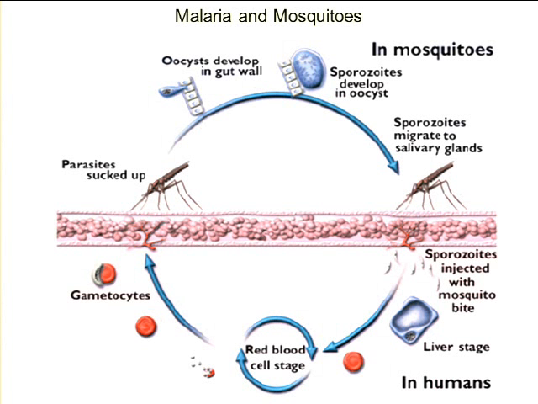And so the female will be the one that takes up a blood meal and takes up the organism into her gut wall. And in the gut wall, the oocysts, the eggs of the Plasmodium, will develop. Okay? So the eggs of the Plasmodium are sucked up and develop in the gut wall of the mosquito.